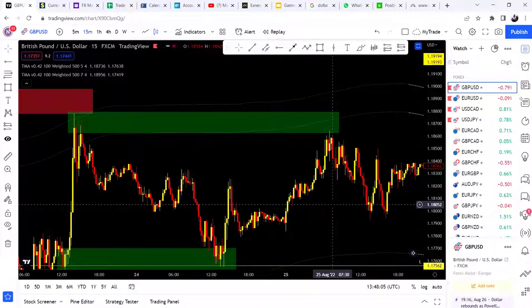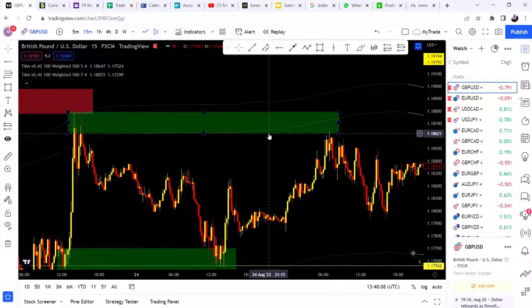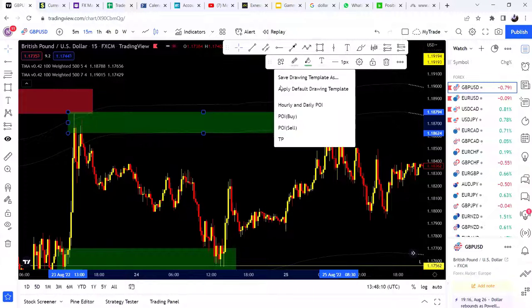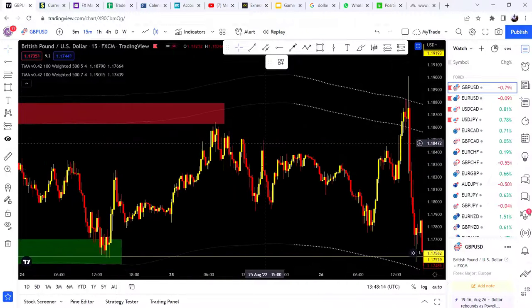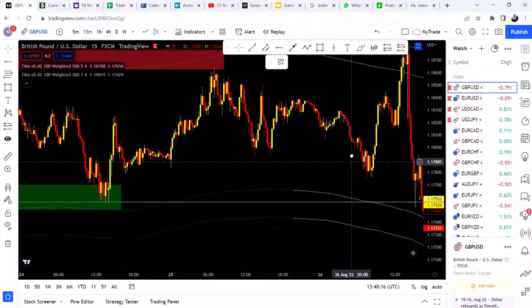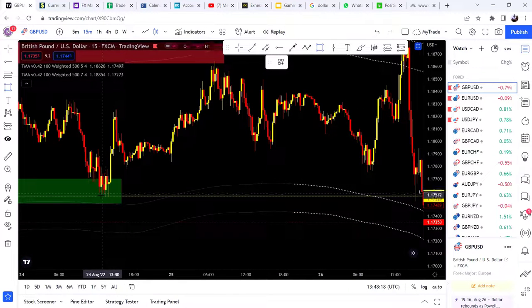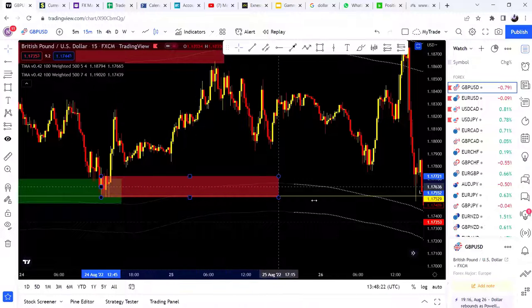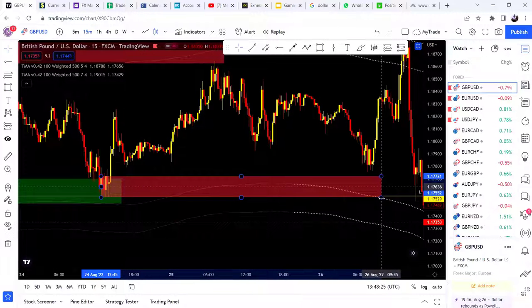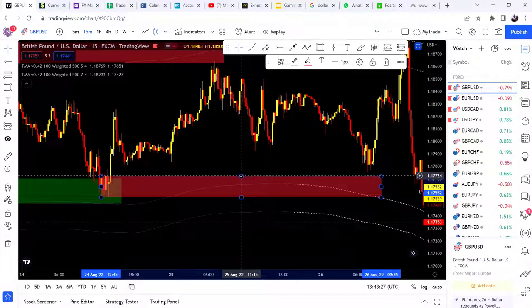The price also came to test that zone. That was POI for sell. Then price came down. Of course, there was also another zone here. So how do I pick the zones? Price couldn't get to this zone.